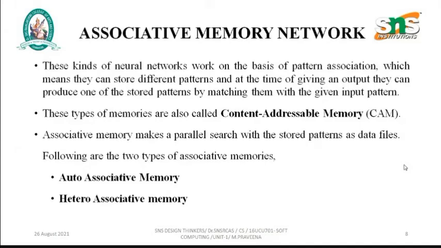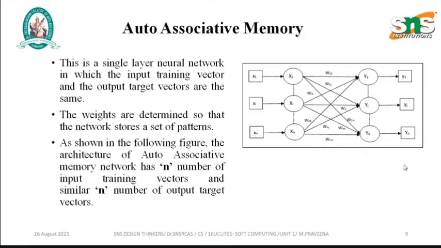Next, there are different types of associative memories: auto associative memory and hetero associative memory. Let us see one by one. First, we are going to see about auto associative memory.